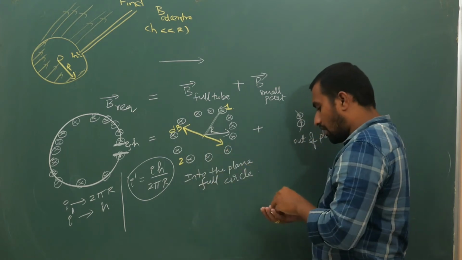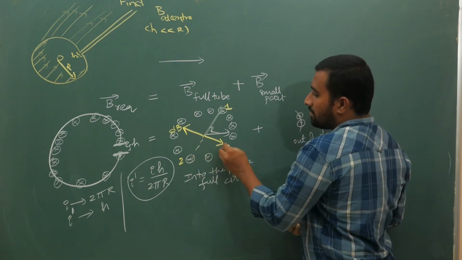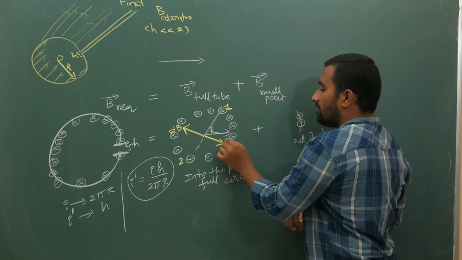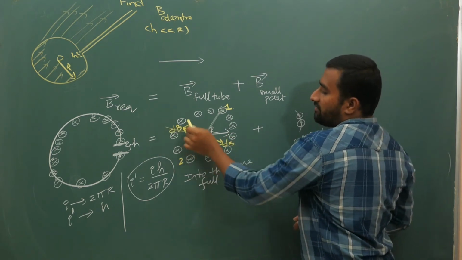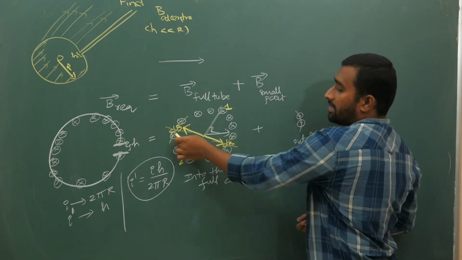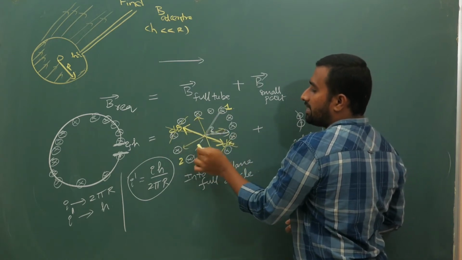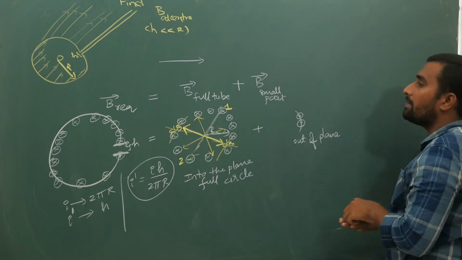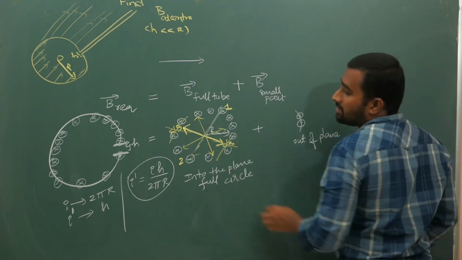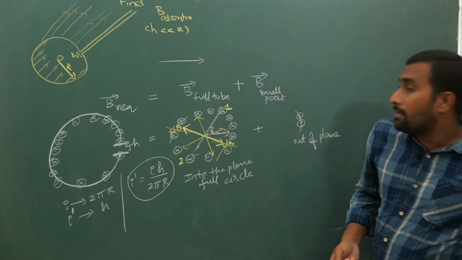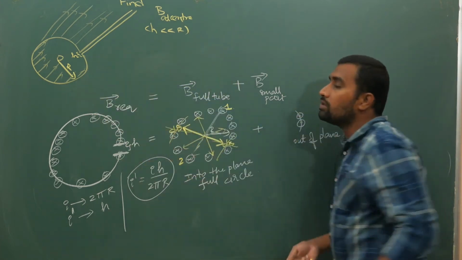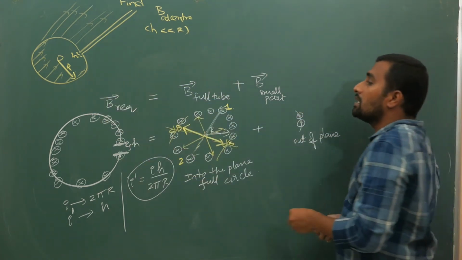Because of opposite elements, the magnetic field will cancel off. Like this, for each and every element, the magnetic field will cancel off. So the magnetic field here because of the full tube is 0.